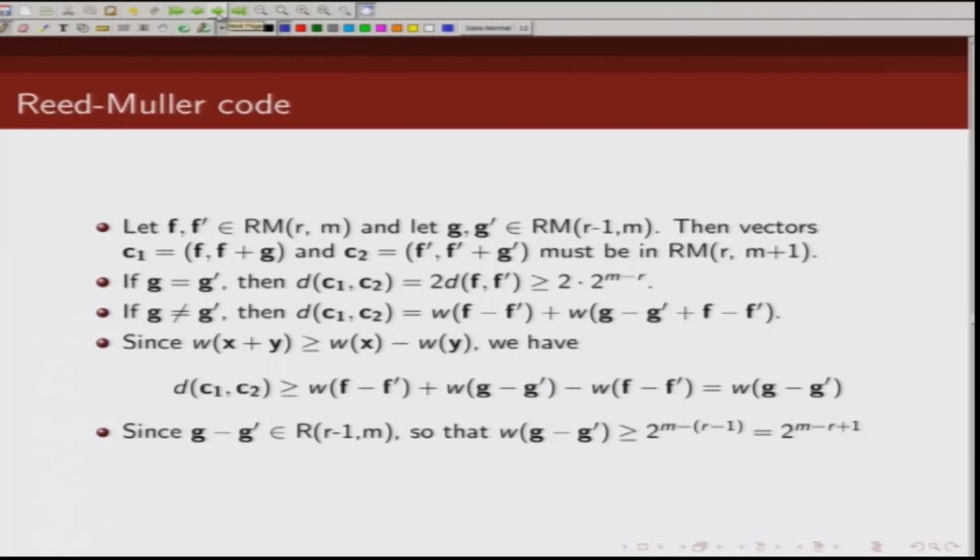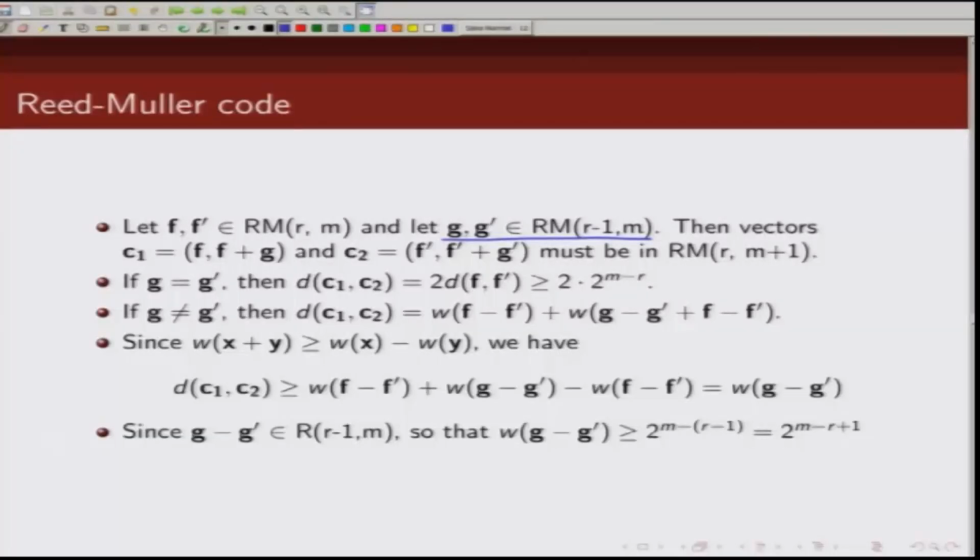Now, what is g? g belongs to the Reed-Muller code of order r minus 1 and length 2 raised to power m. Then what is the minimum distance of this? What is the minimum distance between g and g dash? This should be 2 raised to power m minus r.